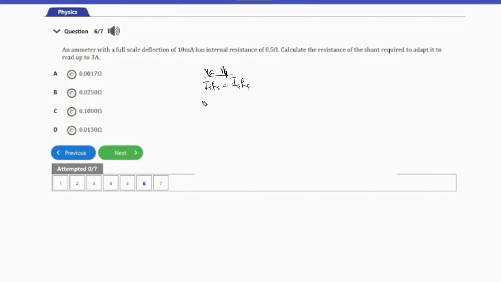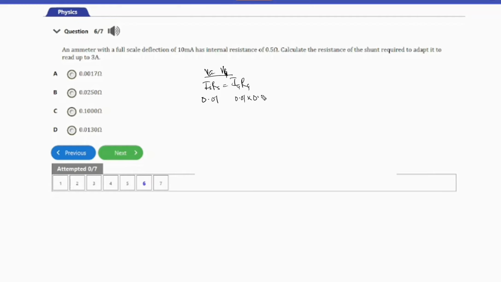So we are going to use this to determine the resistance here at each level. We are given the current in the galvanometer, which is 10 milliamps, and 10 milliamps is 0.01 amp. So for the galvanometer, we have I to be 0.01, and then the resistance for the galvanometer is actually 0.5 ohms.